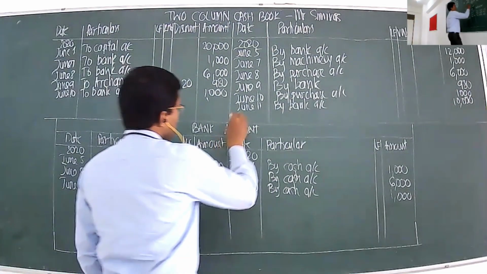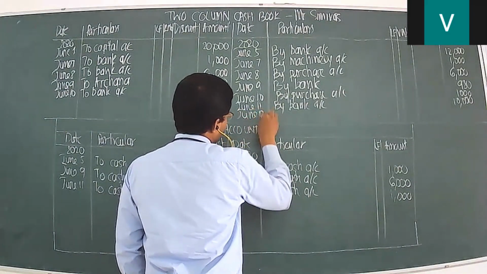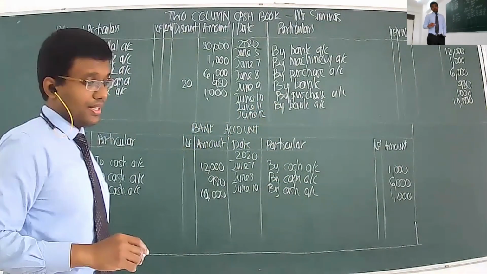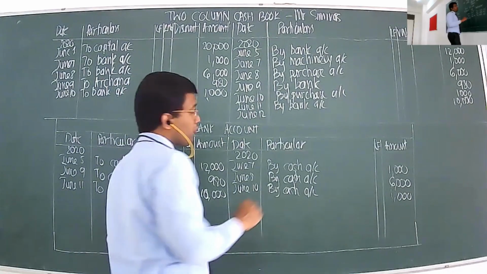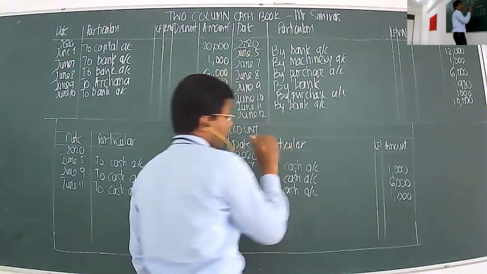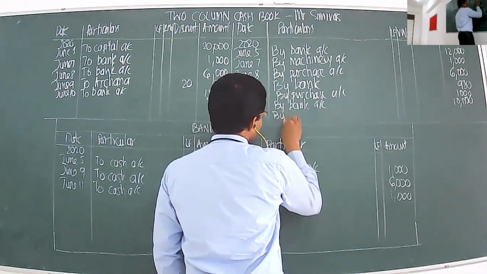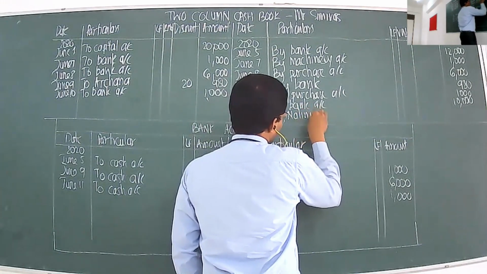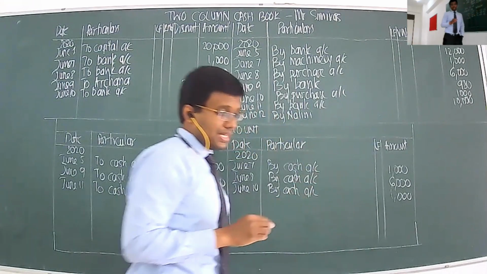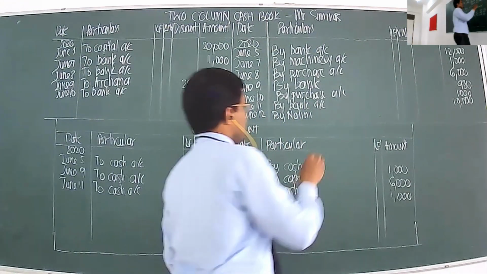Okay. June 12th, what is happening is you're paying Nalini. Nalini, you were supposed to pay 480 rupees, but instead of that, you're paying her 450 rupees. So what does that mean? You're allowing a discount, or you're getting a discount of 30 rupees.